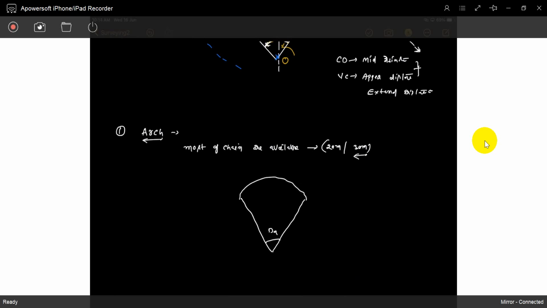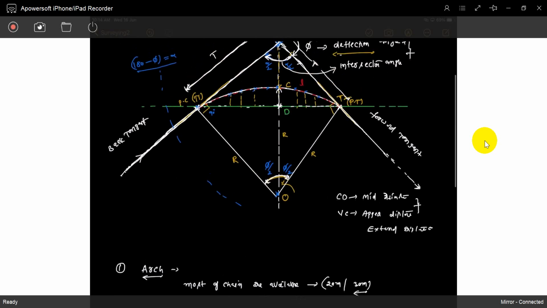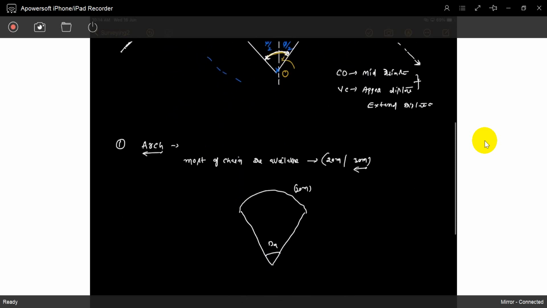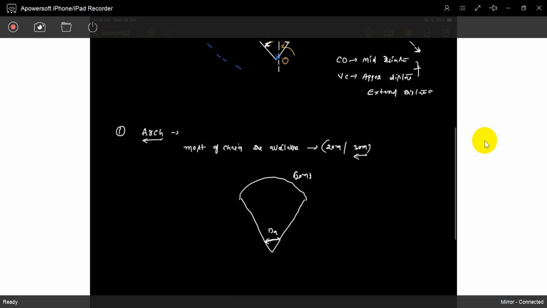Maybe it is 20 meters. We just call it 20 meters, as most probably we have a chain of 20 meters. Sir, the length of the arc is not exactly 20. This is the length of the arc or length of the curve. It is not exactly 20, but I will derive how much angle dA it covers for 20 meters. We already know it.